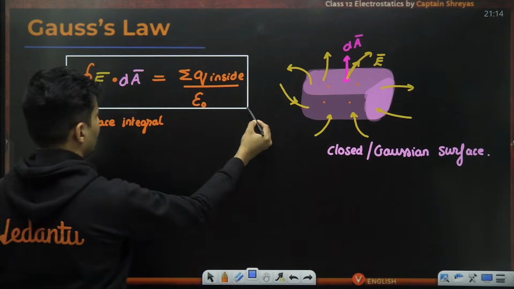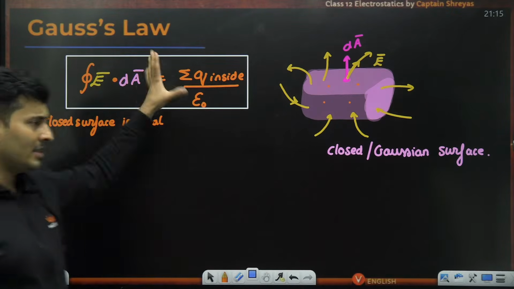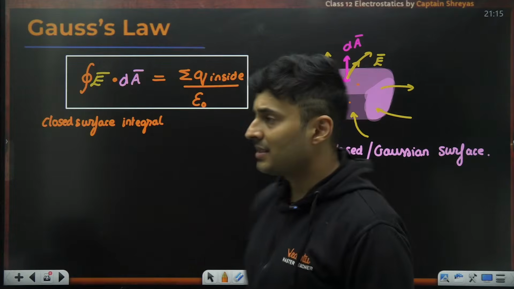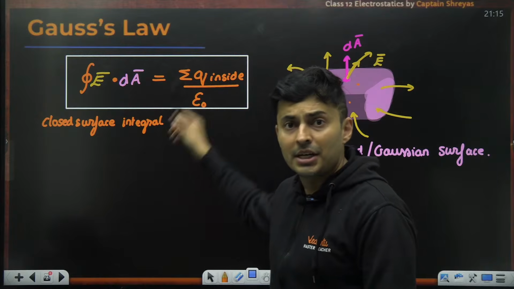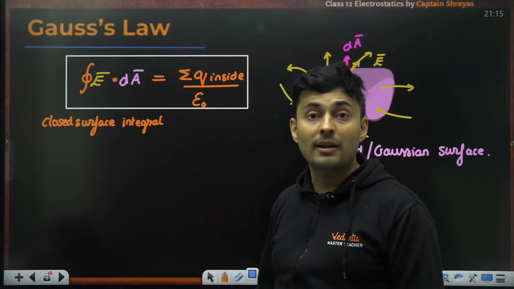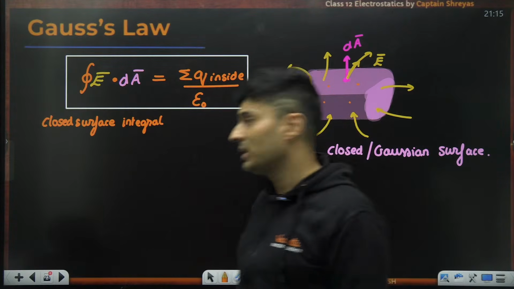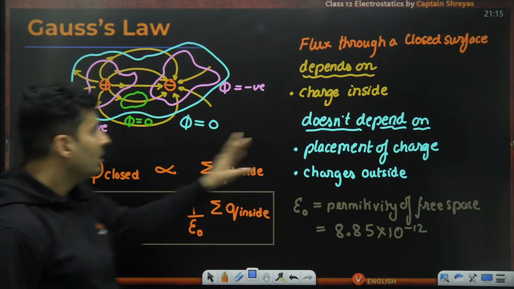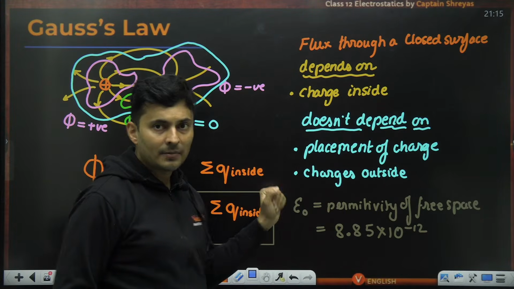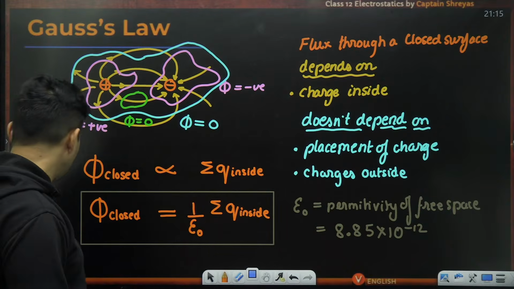So this is now the final way in which we can express our Gauss law. Closed integral of electric field with area vector is the net charge inside by epsilon naught. Now the funny part about this integration is that the value of this integration depends only on the charges inside. It does not depend on the charges outside.